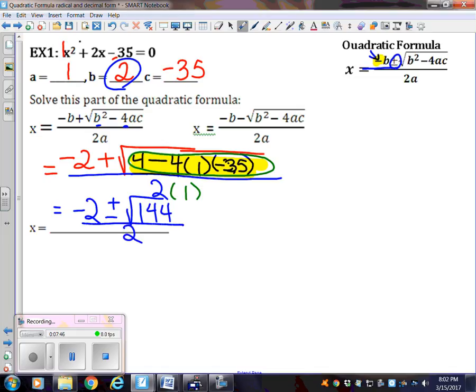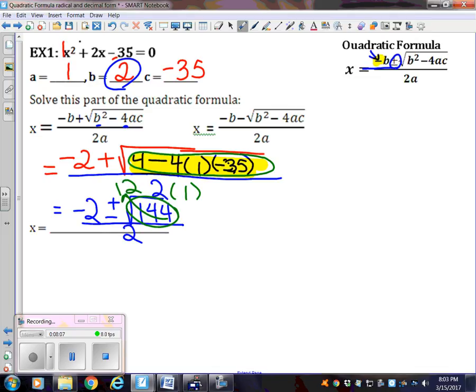All right? So what I did is I took all of that big long part and I simplified it. Now this particular one, I don't know if you recognize it or not, but I think 144 is a perfect square. What is the square root of 144? Well, it's 12. So out would come a 12.